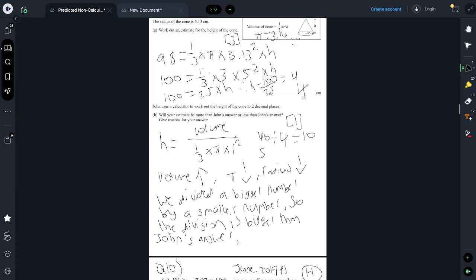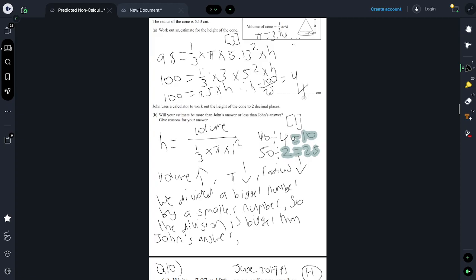Say this went down to 50, and we made the bottom number smaller. Say this went down to 2. That's going to be now 25. Notice how drastically different and bigger this one is than the other. So if we make the top number bigger and we divide by a smaller number, then it's only going to increase the result.